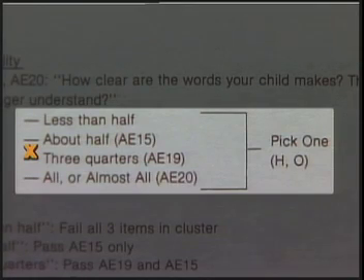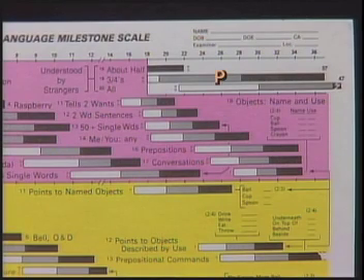If 3/4 of the child's speech can be understood by strangers, then the child passes both AE19 and AE15 but fails AE20. If all or almost all of the child's speech can be understood by strangers, then the child passes all 3 items in the intelligibility cluster.